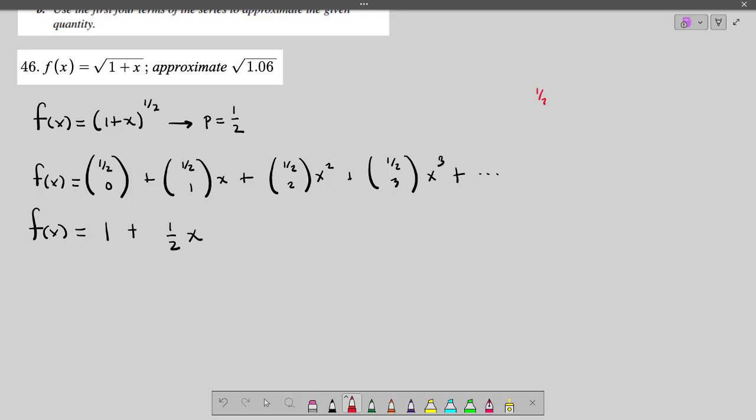So let's come off to the side. 1/2 choose 2. We start with 1/2, and then we do repeated subtraction by 1 until we have 2 factors. Well, that's pretty easy. And then the denominator is 2 factorial. So this is -1/4 divided by 2, so this is -1/8.